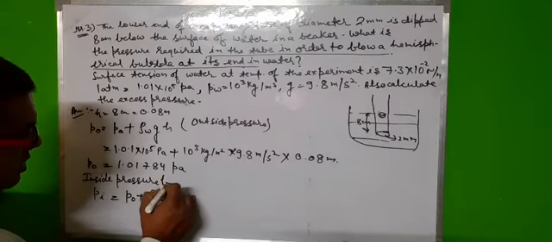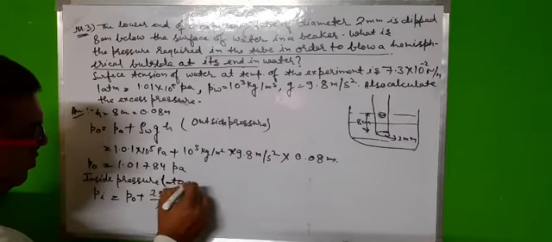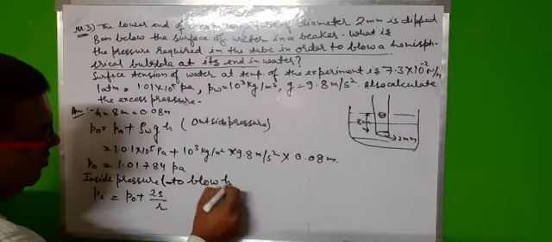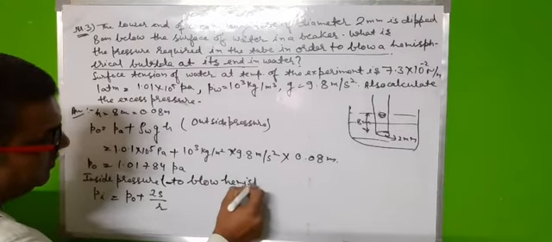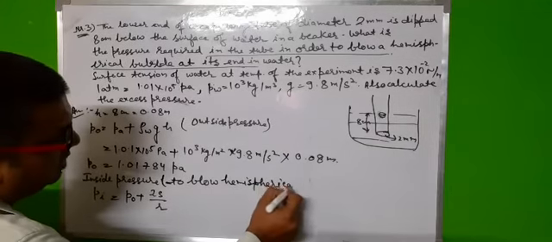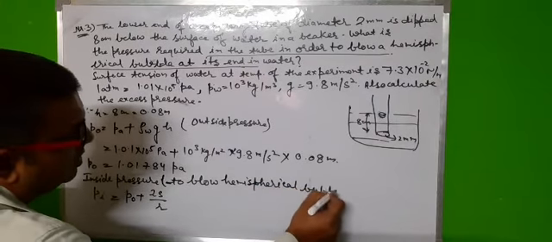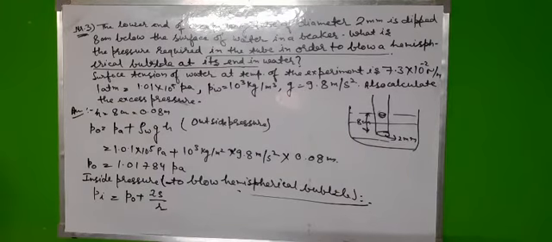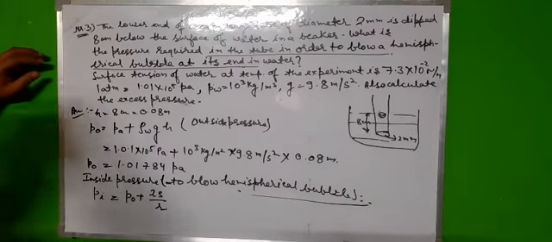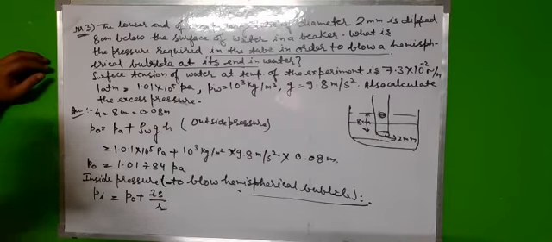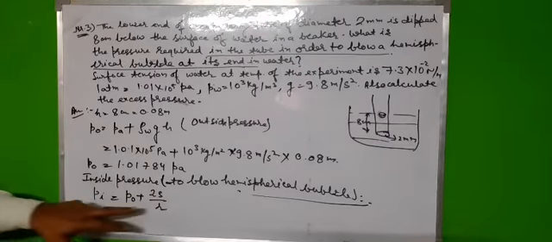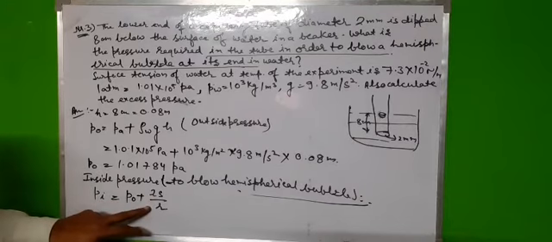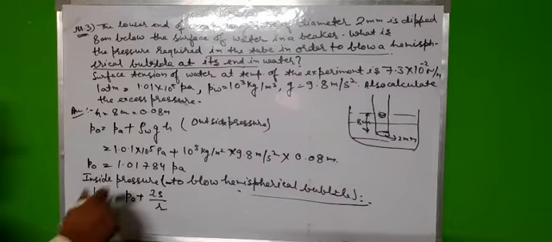Inside pressure to blow the hemispherical bubble. We have to blow the hemispherical bubble. So the inside pressure which is required to blow the hemispherical bubble is the outside pressure plus the excess pressure for the bubble, which is equal to 2S upon r.